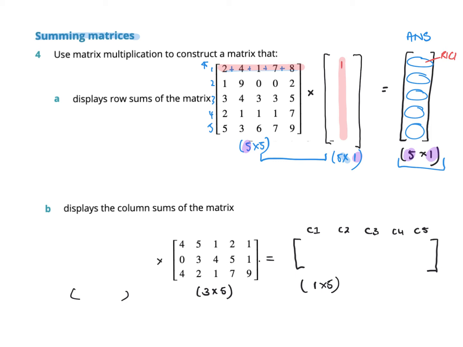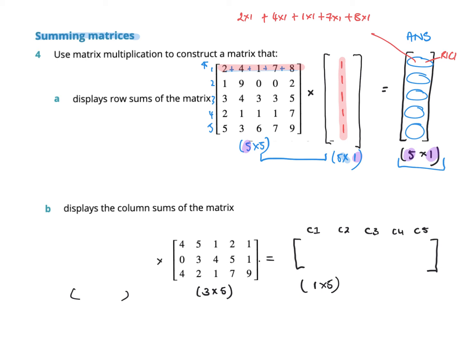Yeah, 1. So if I had 1 all the way down here, this one in here would be 2 by 1 plus 4 by 1 plus 1 by 1 plus 7 by 1 plus 8 by 1. Can you see I'm essentially adding it all up, aren't I? Because I've got a column matrix.